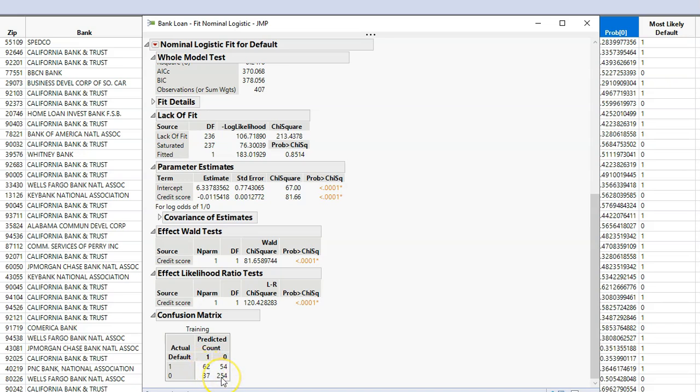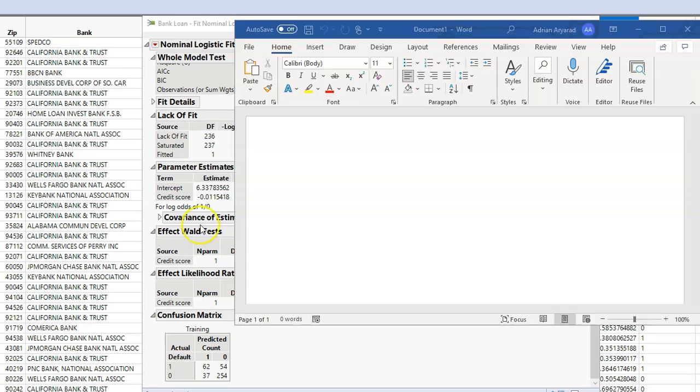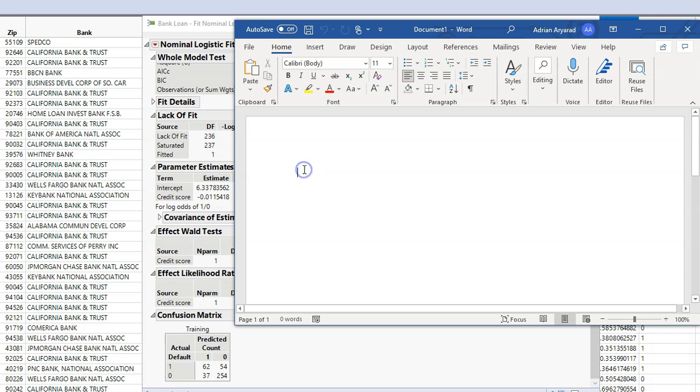So 62 plus 254. Okay, so this is a word file. Let's just type in. The correct predictions are 62 and 254, because 1 is predicted 1, 0 is predicted 0, right? So that would be 62 plus 254 divided by the total.